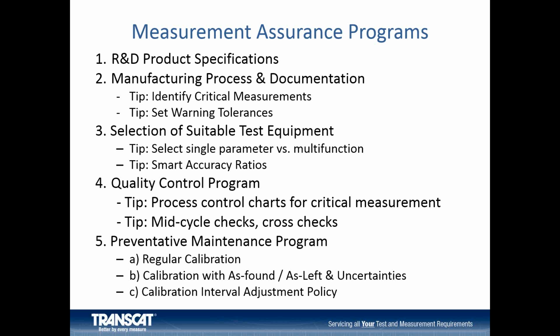If you begin with your R&D product specifications and work from there to build your manufacturing process documents, at this point I would suggest that you identify your critical measurements and set warning tolerances. I went to one customer that had process tolerances. They would say, okay, my oven needs to be 100 degrees plus or minus 10 degrees.